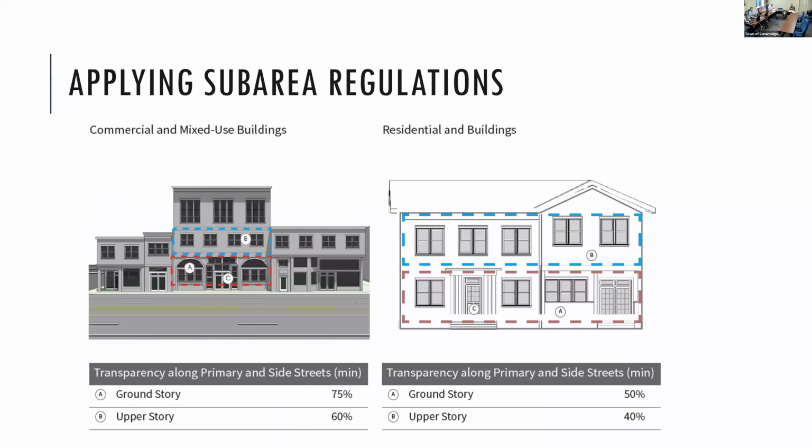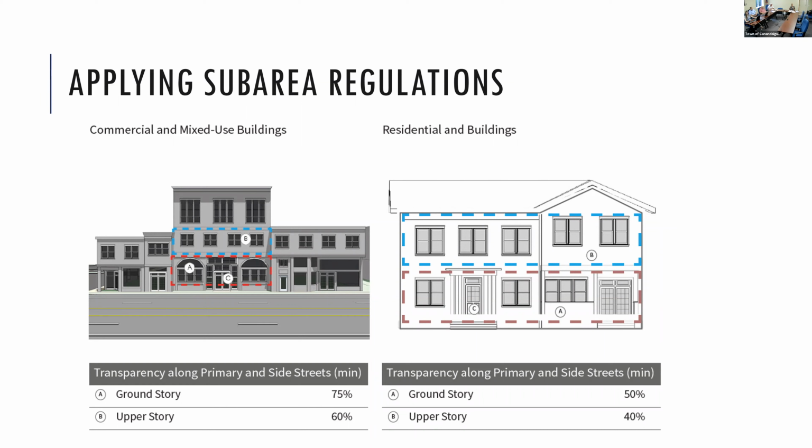And then again, just giving some examples of the regulations, but the overall format and layout of this is very consistent and intended to be very easy to follow what the expectations are. So again, you have graphics that are depicting exactly what is being regulated.